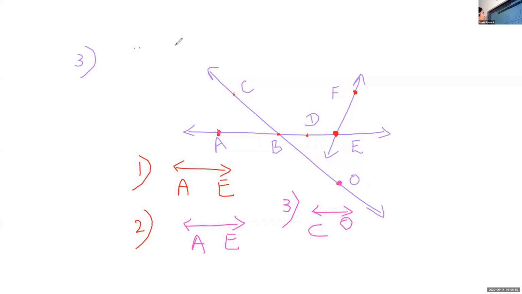Next one, fourth question: two pairs of intersecting lines. Intersecting lines means, can you see these two lines? Those two lines are intersecting. What is the name of those two lines?